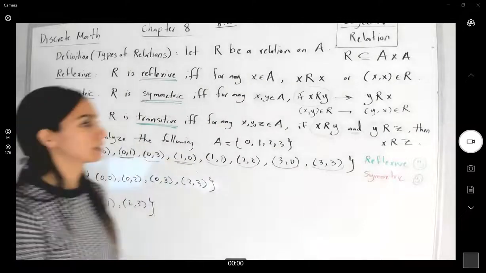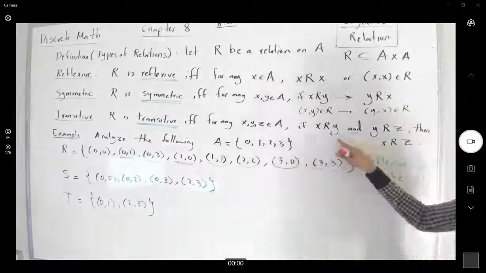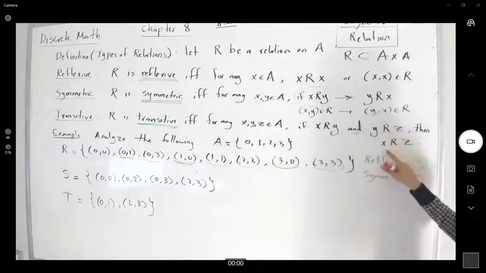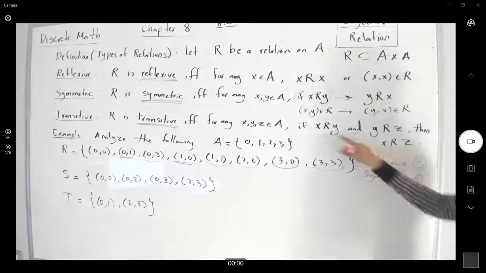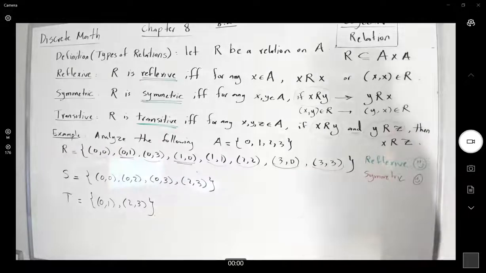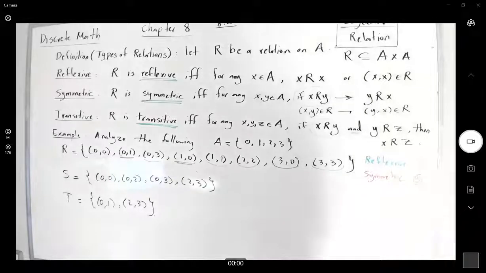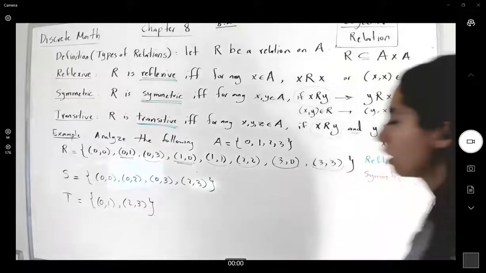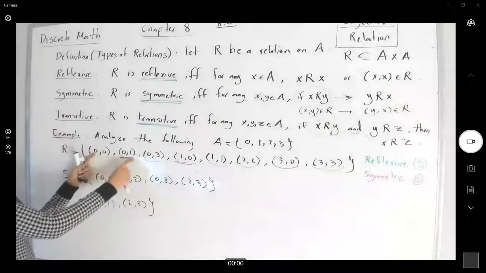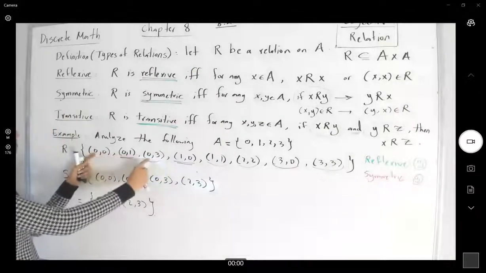If x is in relation with y and y is in relation with z, I should be able to conclude that x is in relation with z. Okay, let's see. What do we have here? I have (0,0), (0,1). I have (0,1). (0,0), (0,3).